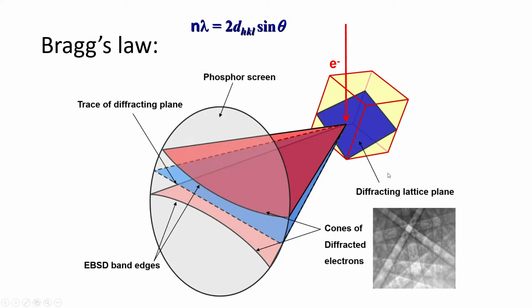And when we look at the EBSD pattern, you can kind of see, like this band has a smaller width than it does out here, right? That's because these aren't exactly parallel lines, these are cones. And then this width depends on that 2 theta angle.